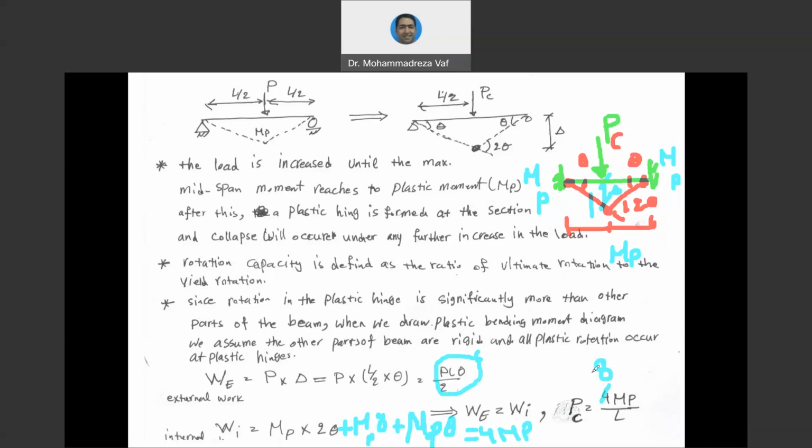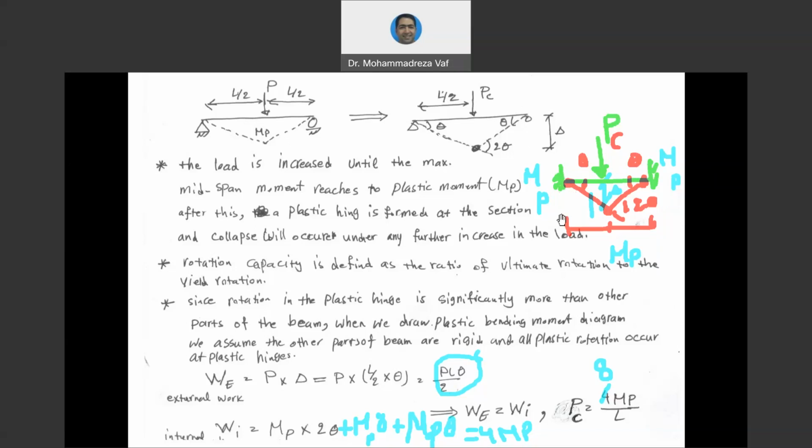That means a beam with fixed support can carry twice larger force until it reaches collapse, compared to when the supports are pin and roller. So this beam with the same cross section can tolerate twice larger force compared to the beam that is pinned.